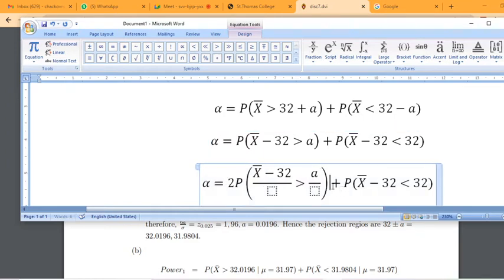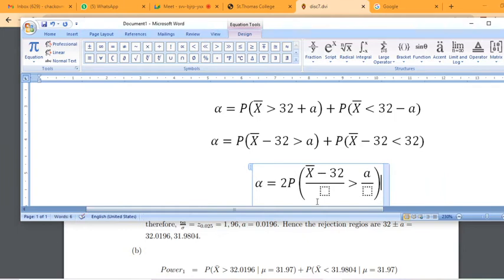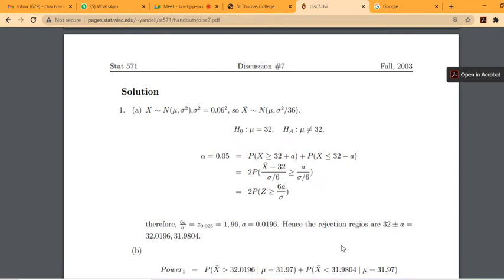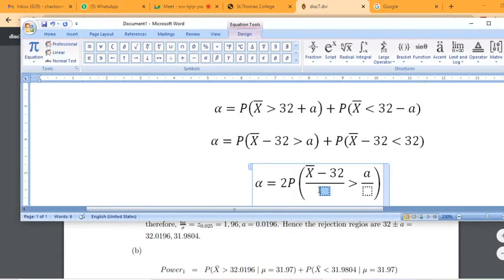Because this is symmetric, we just take 2 times. So what is the standard deviation? Sigma by root n, where n is 36. What is the root of sigma square by 36? That means sigma by 6.